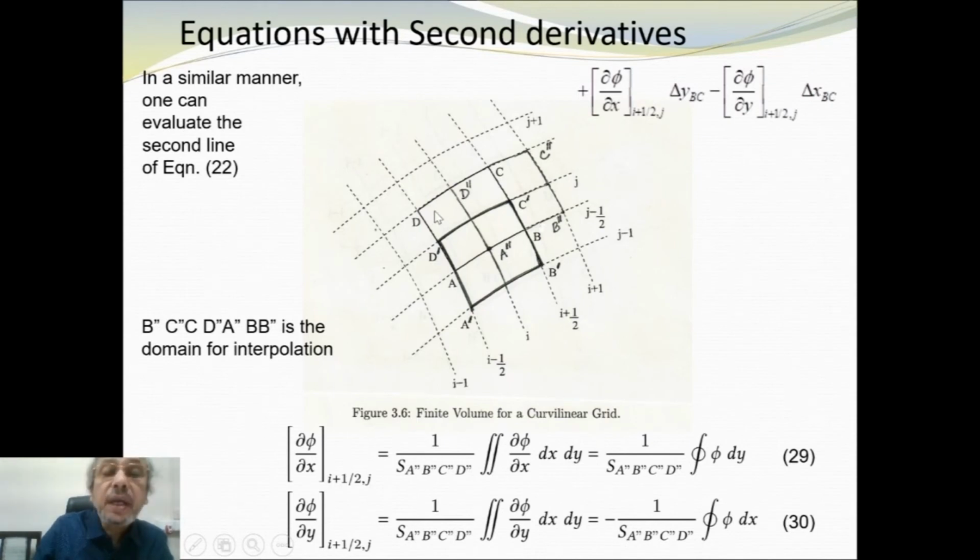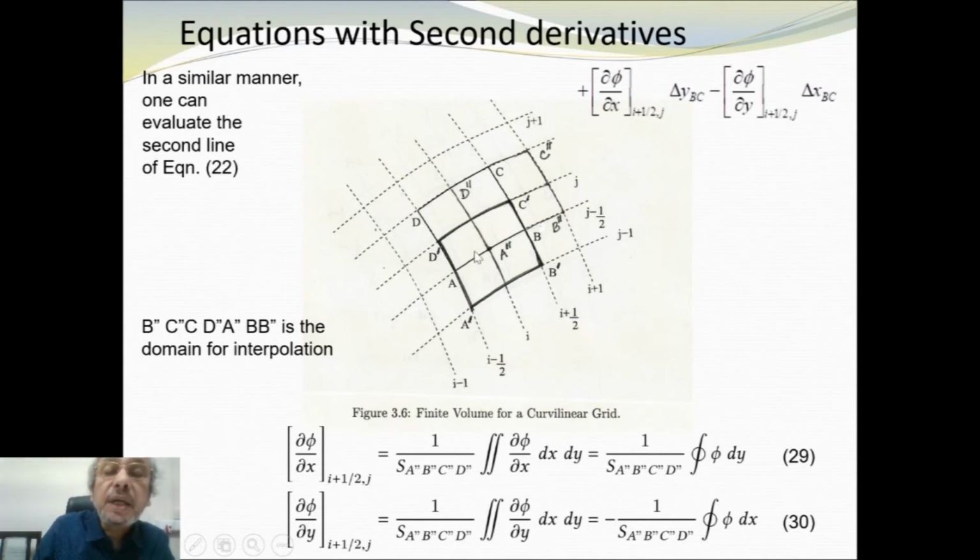So this way, if we complete the entire integration, this point into delta x delta y component value, this point into delta x delta y component value, this point into delta x delta y value, this point into delta x delta y, then we have evaluated the entire integration.